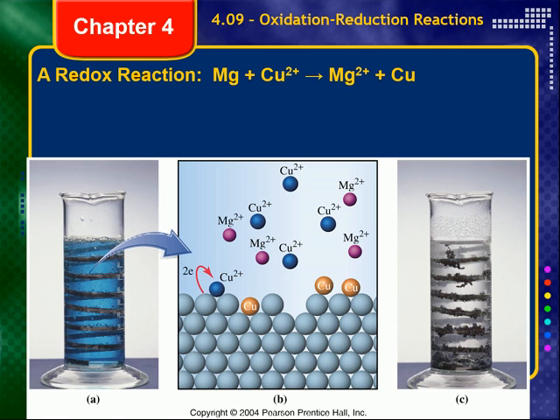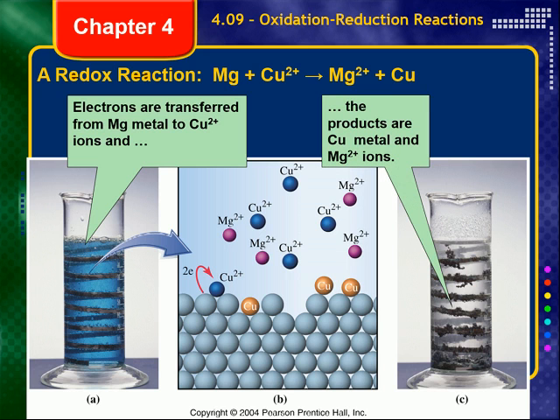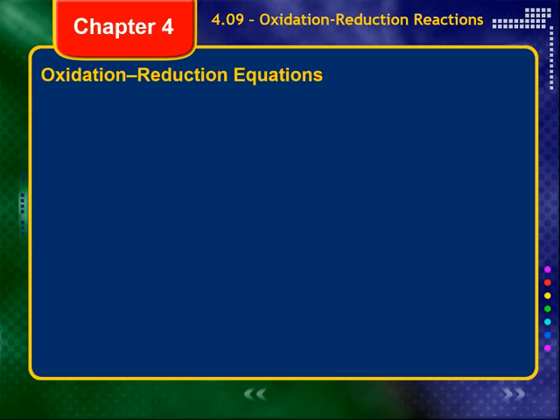That is key here, because electrons are being transferred from the magnesium metal to the copper 2. Because we have a +2, that means we're 2 electrons short. 2 electrons are being transferred from the magnesium to the copper, and the products are therefore copper, completely balanced, but because magnesium gave up 2 electrons, it now has a +2 charge.